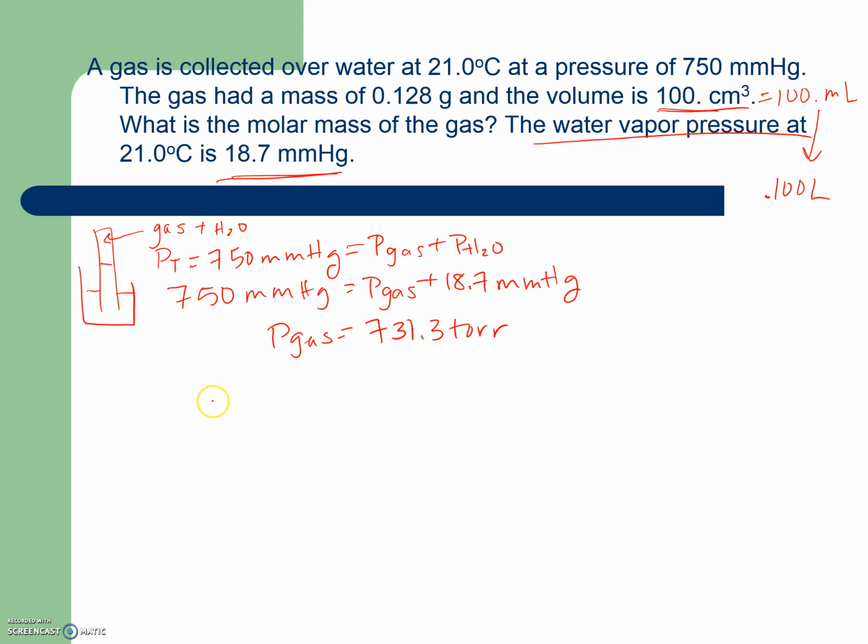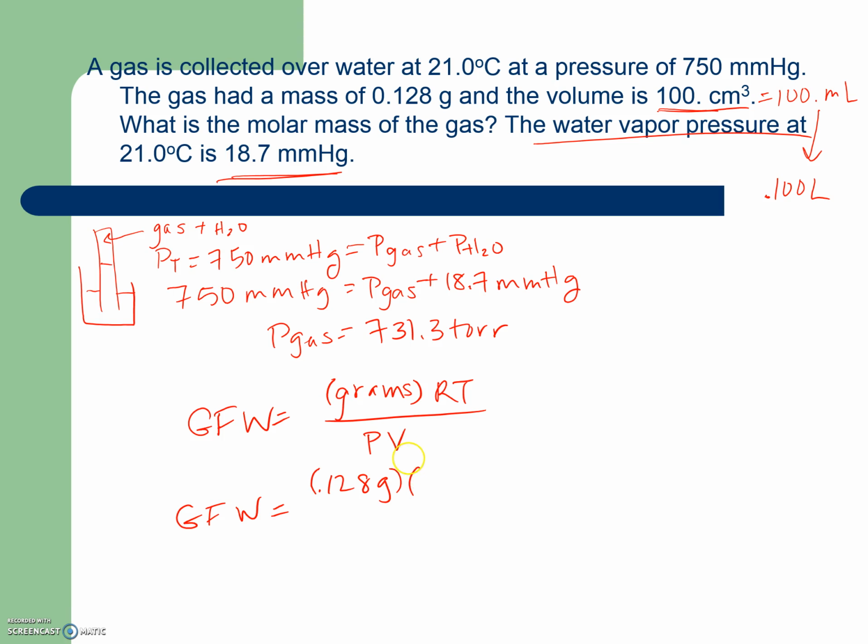Okay? So we're going to use our formula. Gram formula weight is equal to grams RT over PV. Gram formula weight is equal to how many grams? So I had 0.128 grams. In this case, I'm using torr, so it's 62.4 liters torr over mole Kelvin. My temperature is 21.